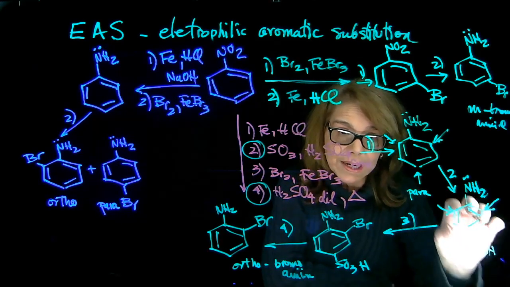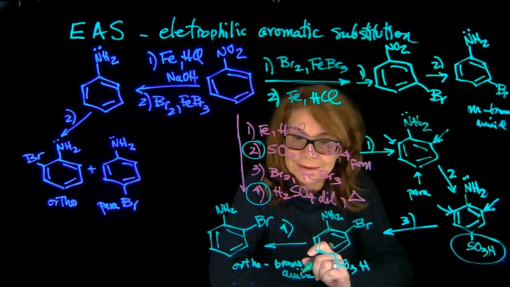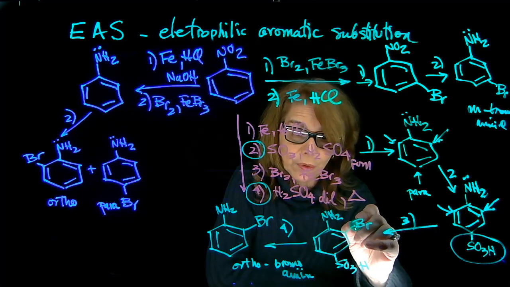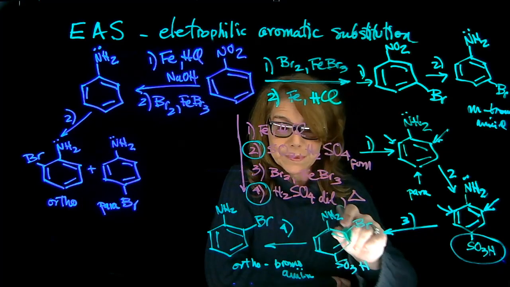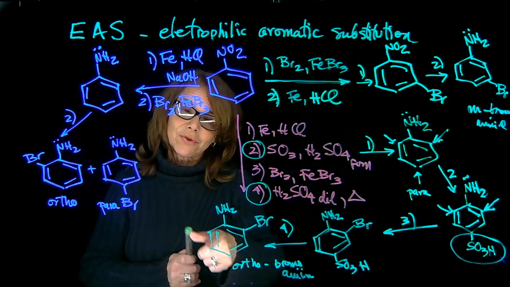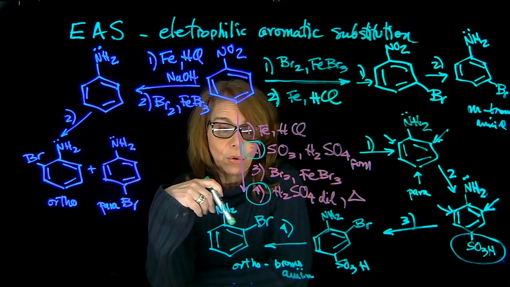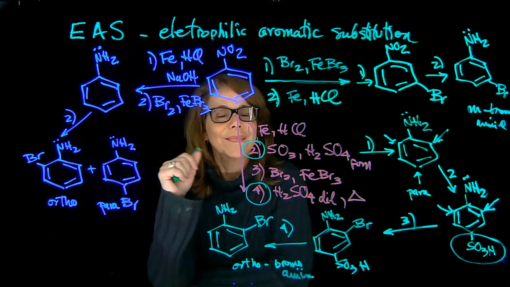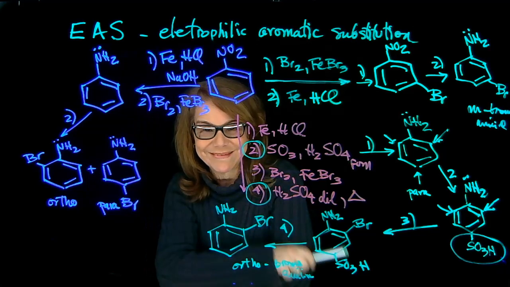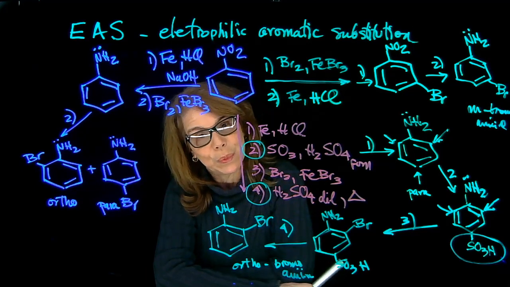Now this is protected, and you do the bromination in step 3, and it's being forced to go here because the para position is occupied, and then you desulfonate. So this strategy allows you to obtain exclusively the ortho bromoaniline. Okay, so it is important the order in which we do these reactions. This will help you plan synthesis.